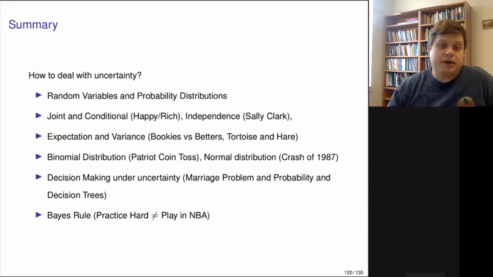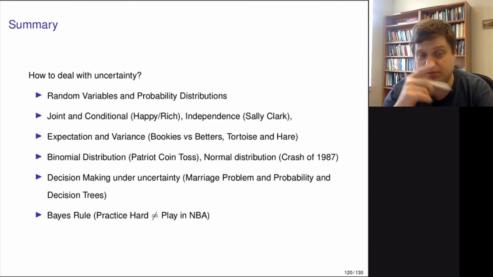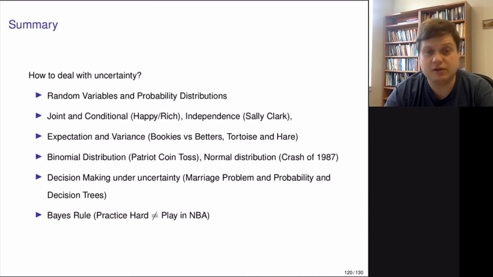So in summary, we learned in this section how to deal with uncertainty. And we use random variables to describe uncertain outcomes, and then to quantify those random outcomes, we specify probability distributions. They just assign probability to each possible outcomes for discrete random variables. In the case of continuous random variables, we assign probabilities to interval for that value.